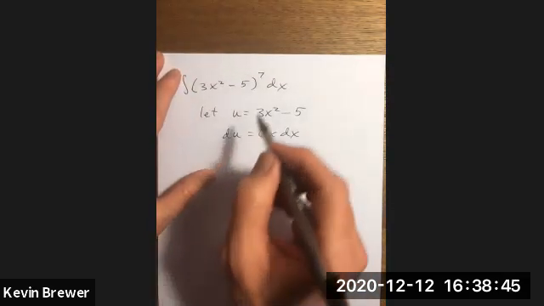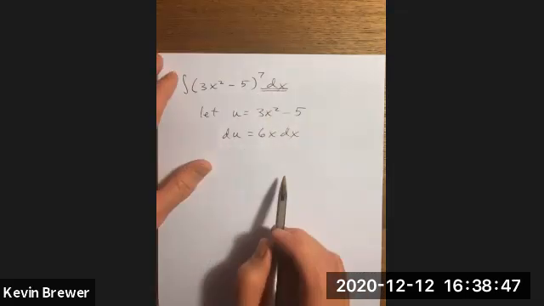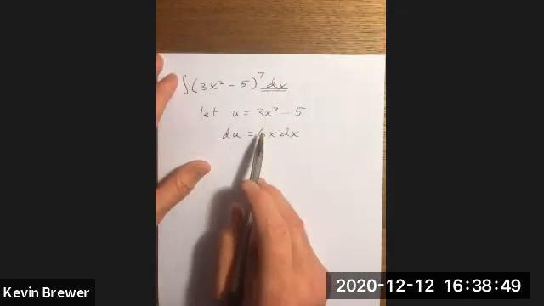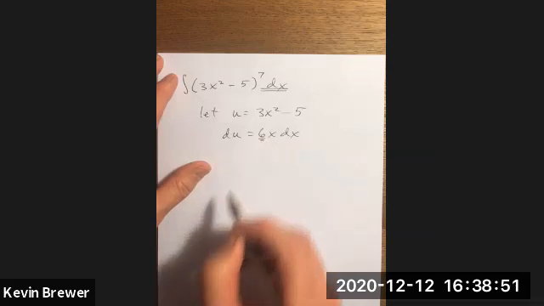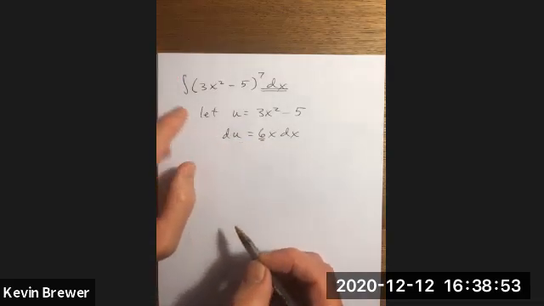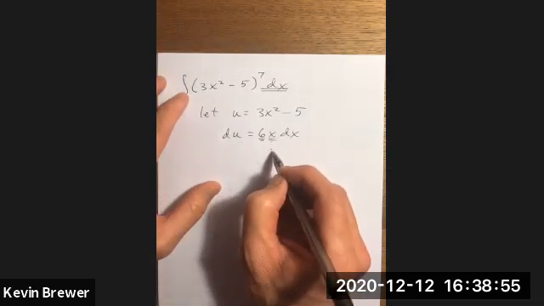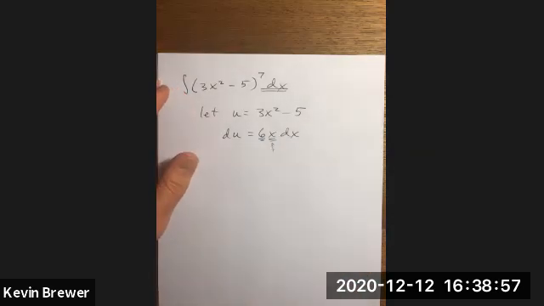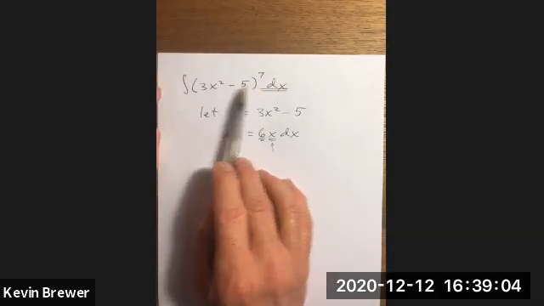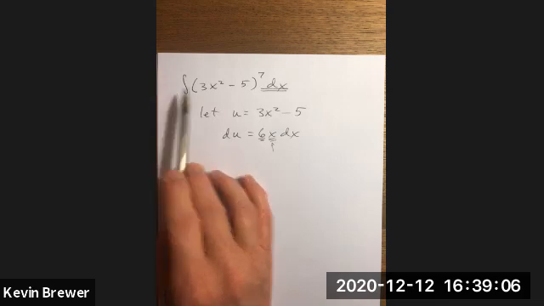And you look at this and you see, oh, we don't see 6x dx, we just see dx. So we're off by the 6. We've had that before, but we've never had a problem where we've been off by an x. And so you might think, oh, gee, can I put in 6x here and put 1 over 6x out here?